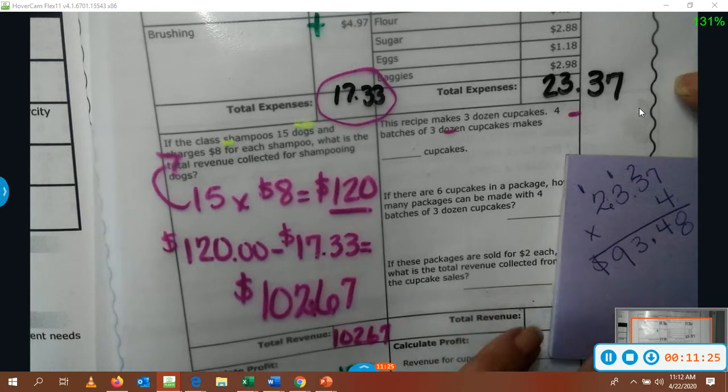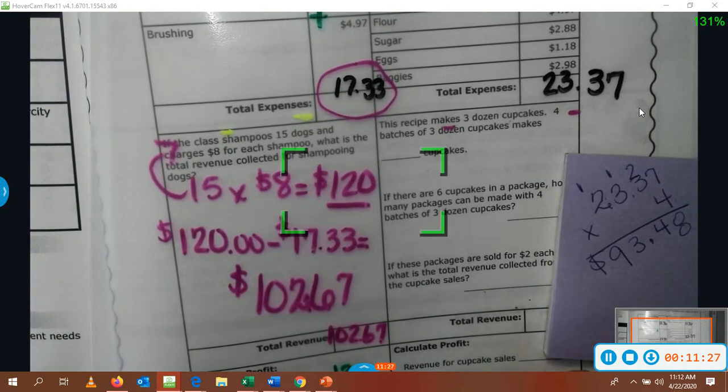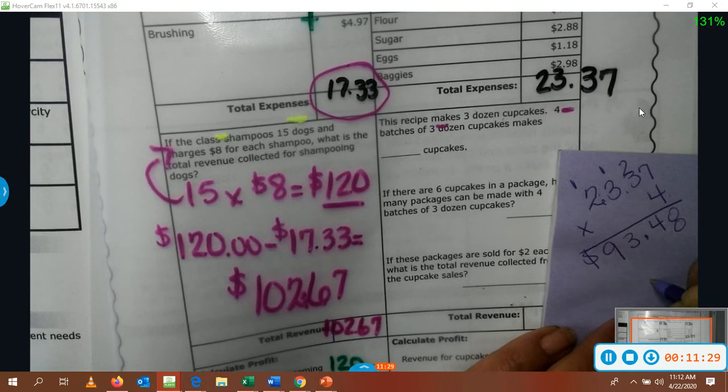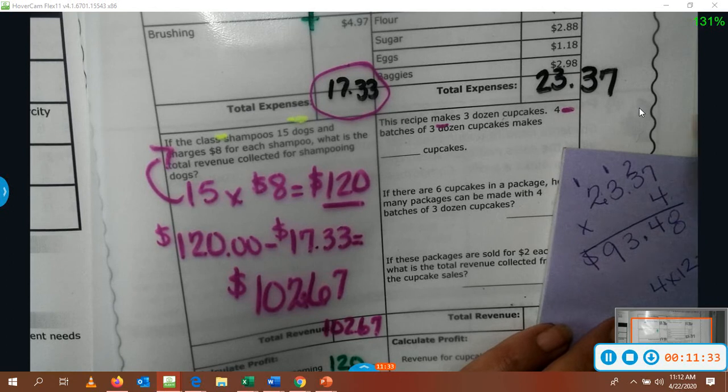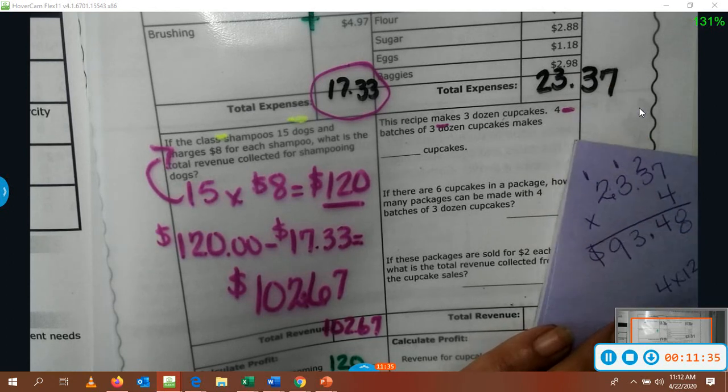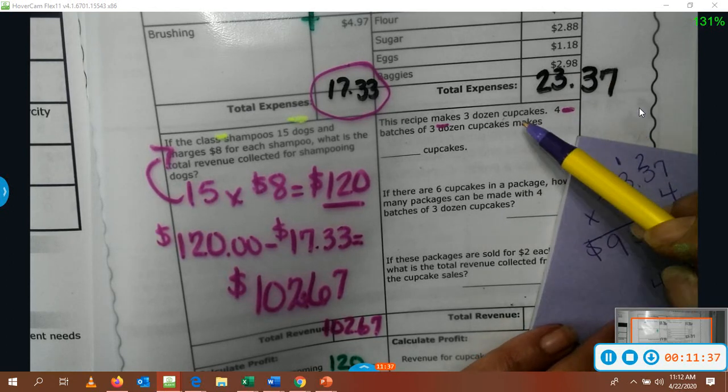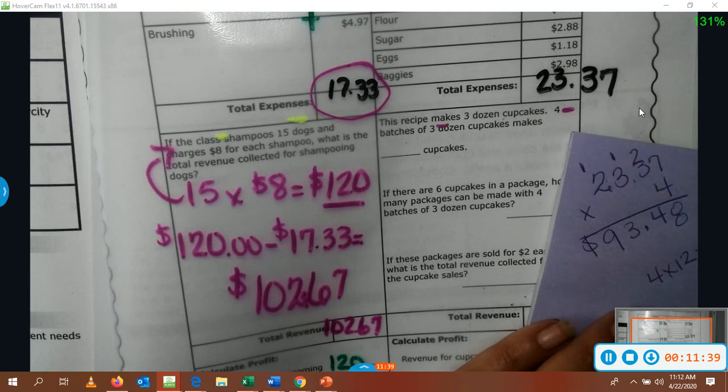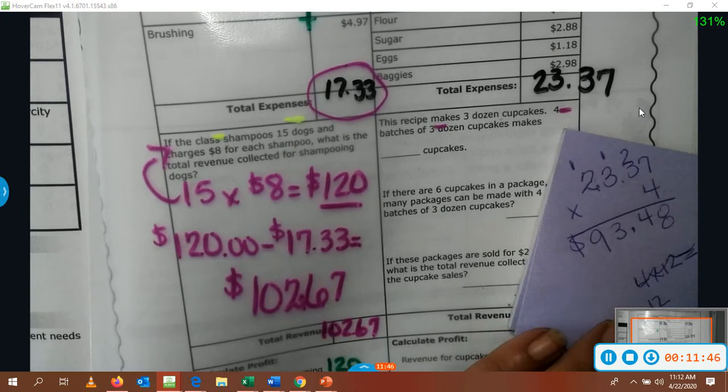Now, how many cupcakes is that? So hold on.